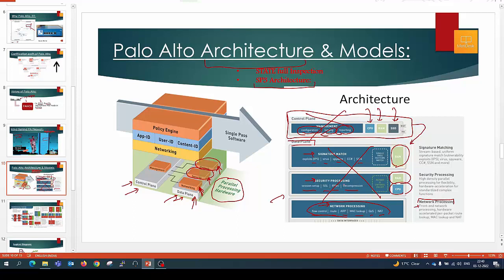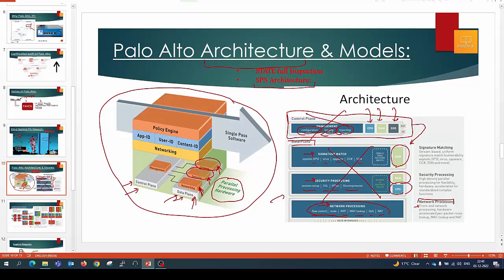In signature matching, you can see stream based uniform signature match for vulnerability exploits, which is called IPS, then virus protection, spyware, and SSN will be done over there. So this architecture is a very unique architecture which led Palo Alto to become a master in the security field.